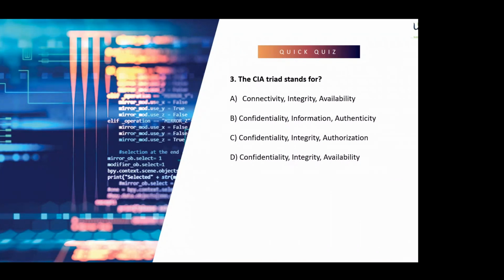Okay, I'm getting some B's and I'm getting some D's. Okay, so now the answer, if you look at your screen, is D, confidentiality, integrity, and availability.